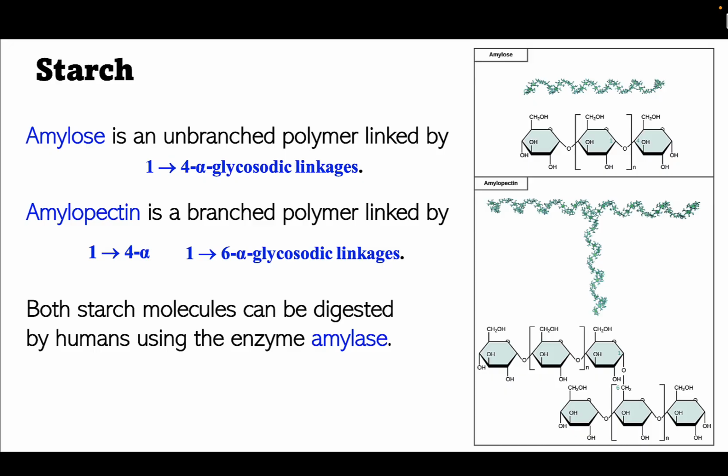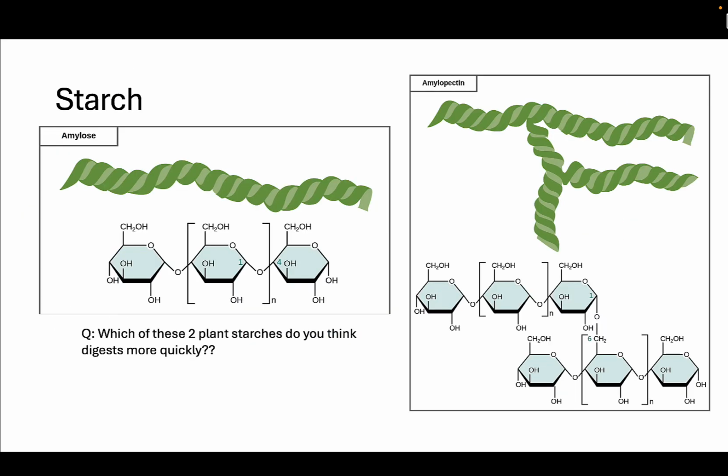In doing this, we have a branched molecule that we can still digest with an enzyme that we have called amylase. And again, we'll talk about enzymes coming up, but while we cannot digest cellulose, we can digest starch. The difference is between the alpha and the beta glycosidic linkages.